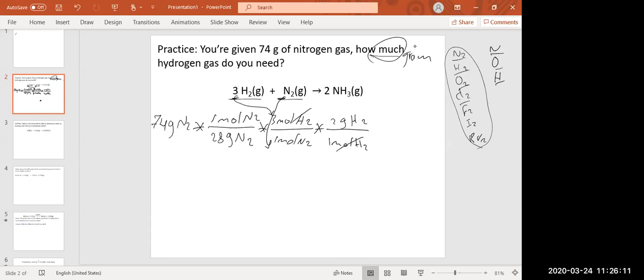Cancel mole H2 with mole H2. Do the math here, and you will get a gram H2. As I said, try to do the calculation by yourself with your calculator, and you will get the numbers. I just want to give you as many examples as I can.